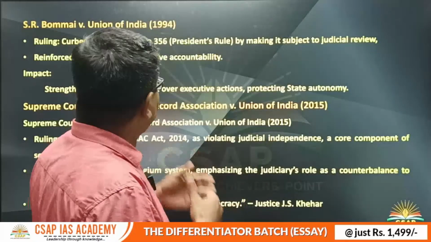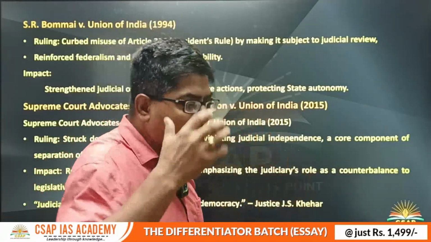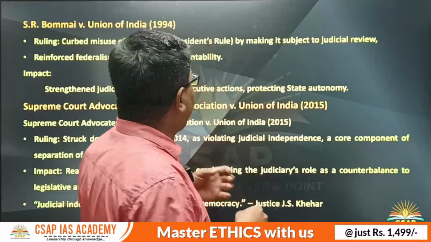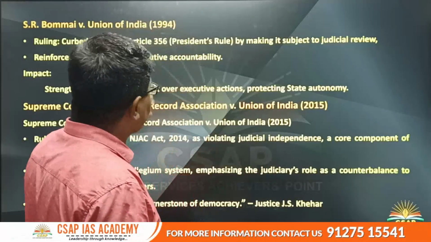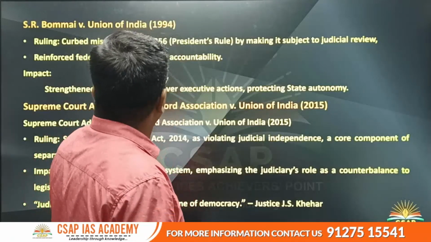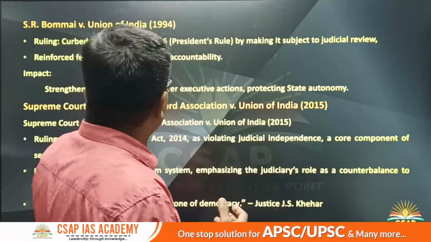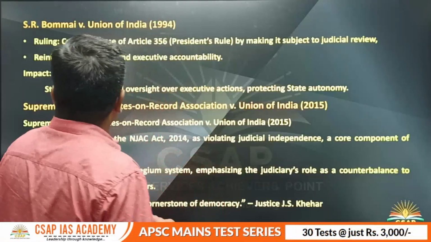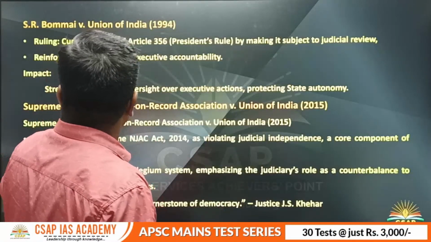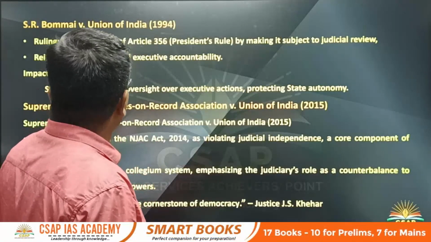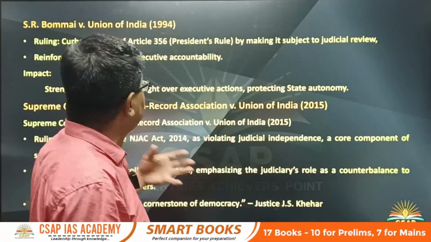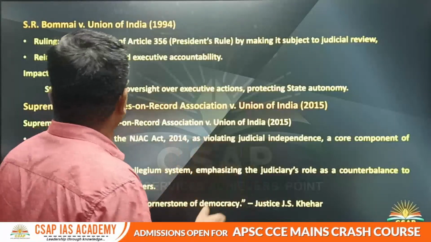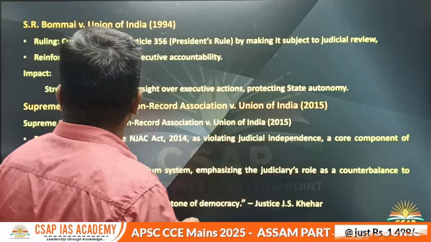And for that many a times the judiciary has come forward, taken note of such cases or instances, and has said that course correction needs to be done, and the exercise of the power granted under Article 356 is also subject to judicial review, right? And therefore in the S.R. Bommai case, the judiciary reinforced federalism and executive accountability, that the provision of federalism is important, and that the executive also is accountable.